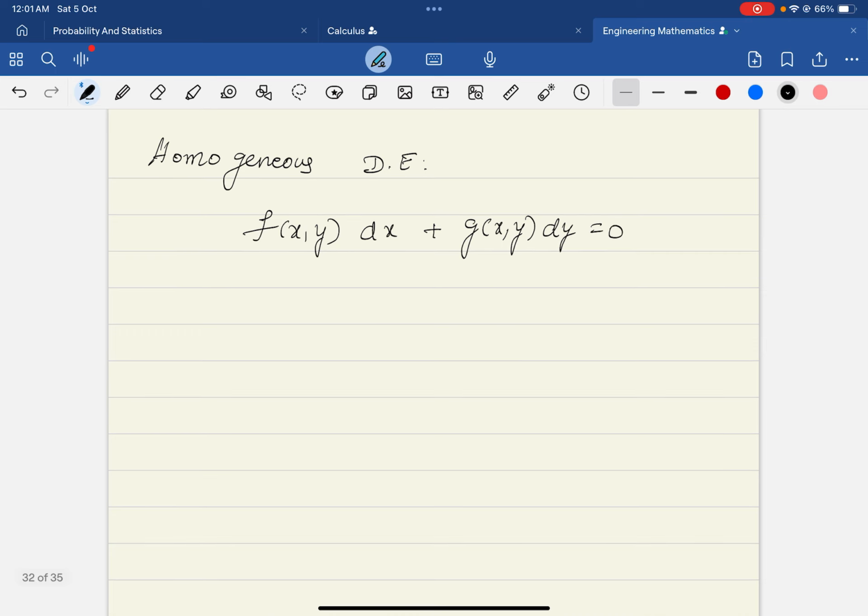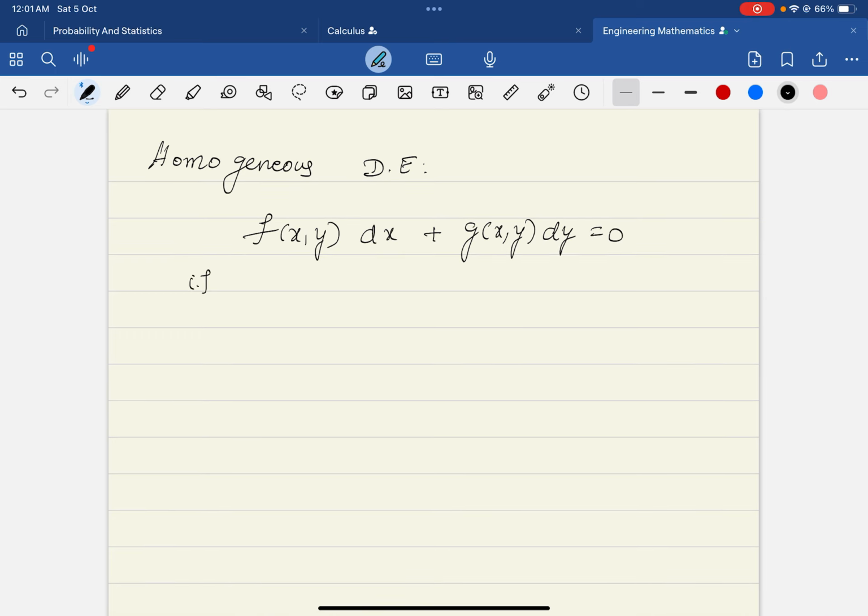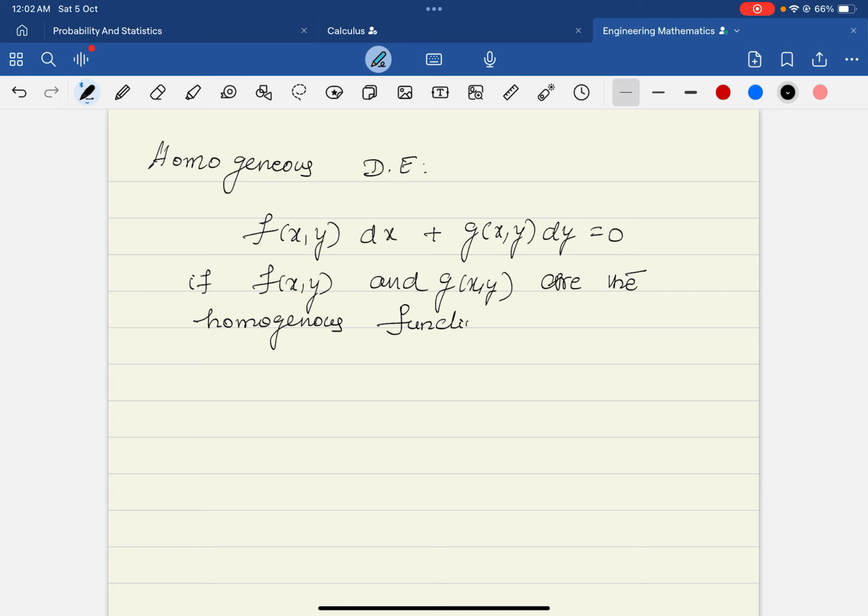This is called a homogeneous differential equation if f of x comma y and g of x comma y are homogeneous functions of the same degree.